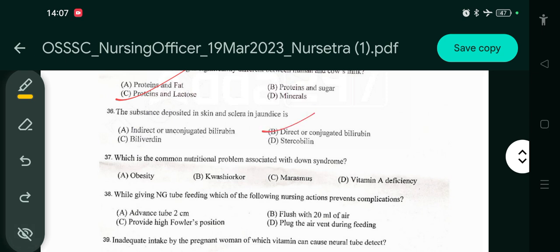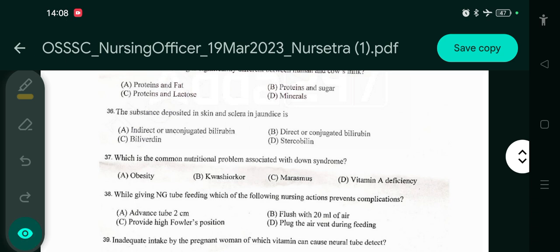The other option, biliverdin, is not associated with deposition in the skin and sclera in jaundice. Option A, indirect or unconjugated bilirubin, is not correct, because it is bound to albumin in the tissue, so it cannot be deposited. So option B is correct here.